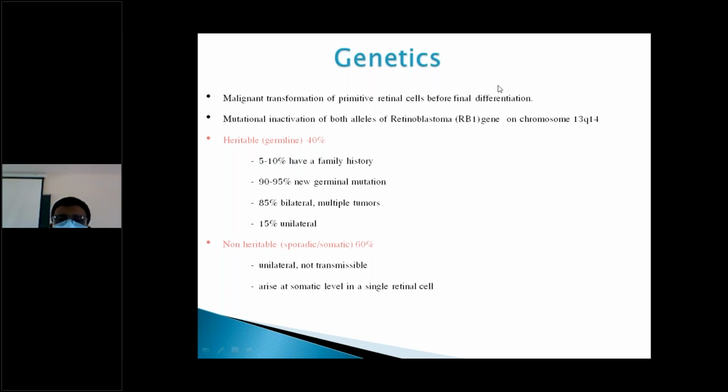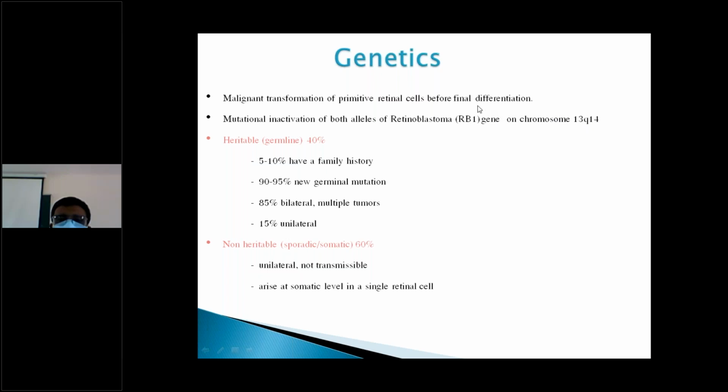It mainly occurs due to deletion or suppression of both the alleles of the 14 band in chromosome 13. That is the main pathology involved in retinoblastoma. This 14 band of chromosome 13 contains the anti-cancer or anti-retinoblastoma gene.